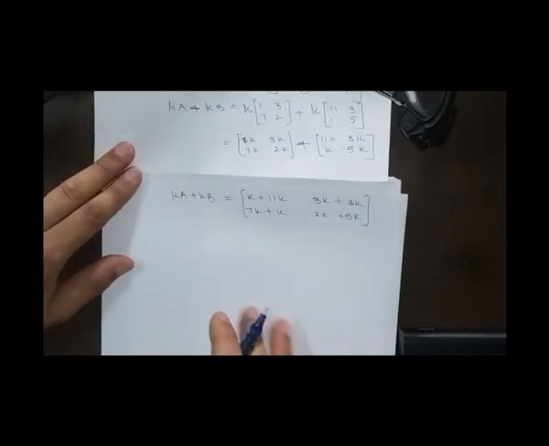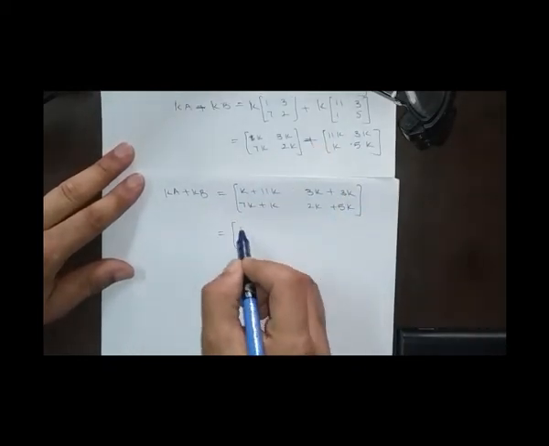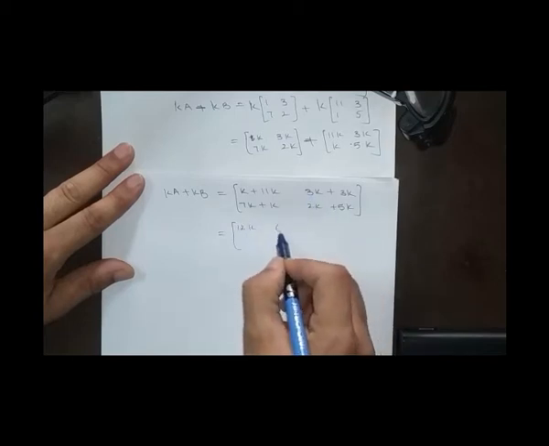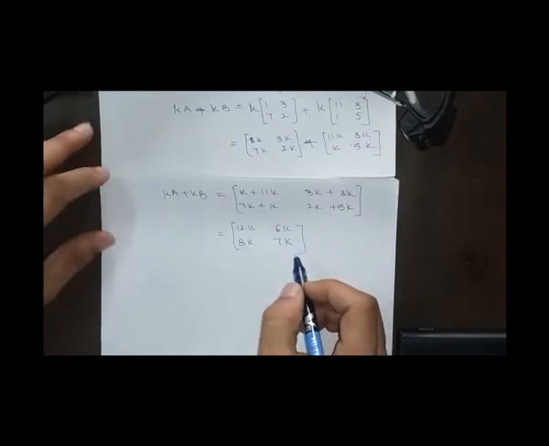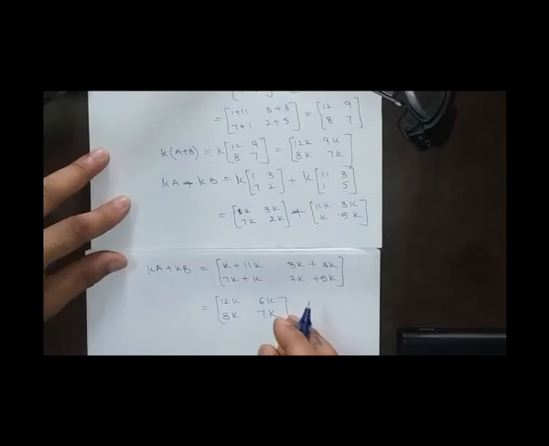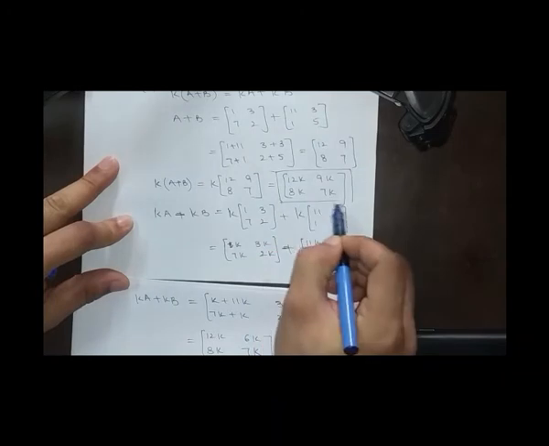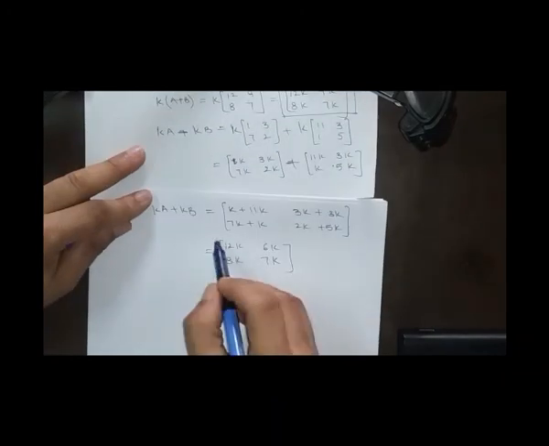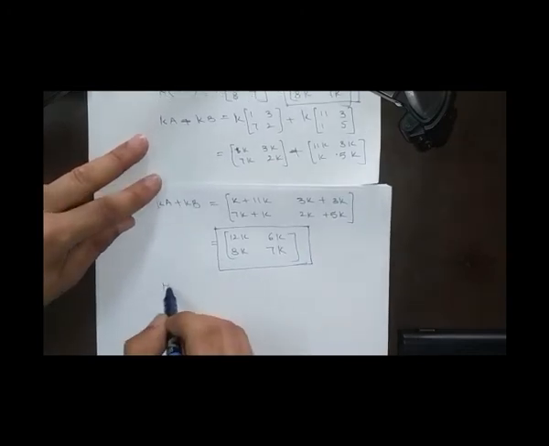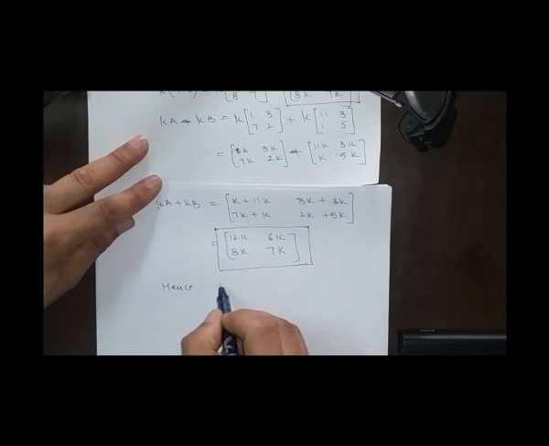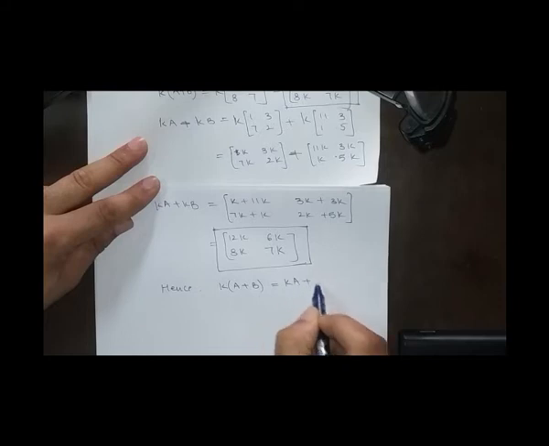It is further equal to 12k, 3 plus 3, 6k, 8k and 7k. And we'll see, this is k(A plus B) and this is kA plus kB. So both are equal, hence k(A plus B) is equal to kA plus kB.